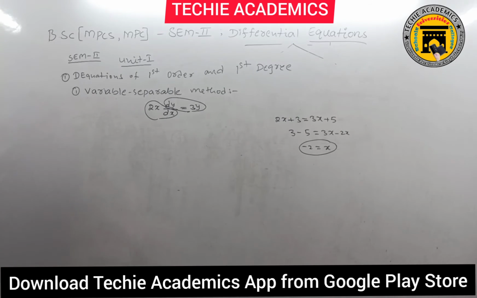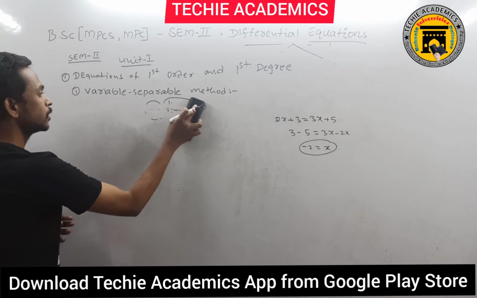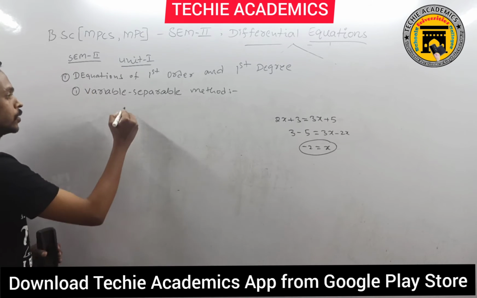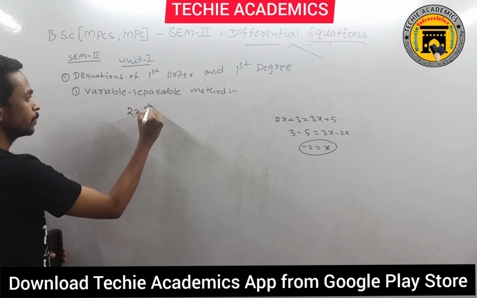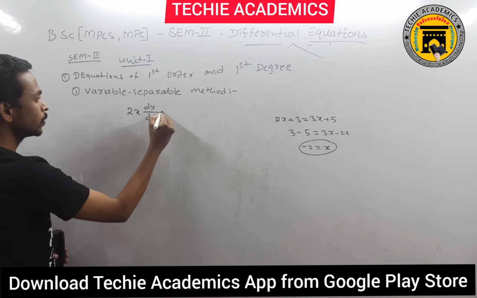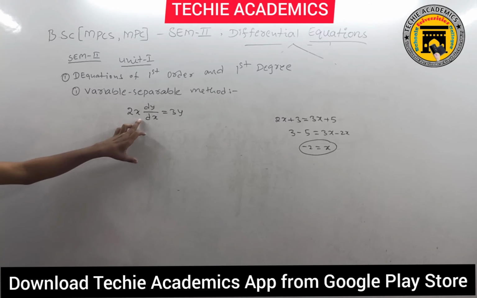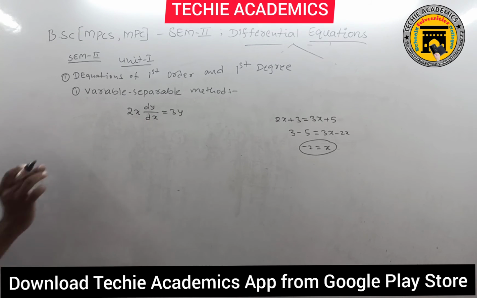See here, in this question we have 2x into dy by dx is equal to 3y. How will we bring these terms to one side? Listen carefully.